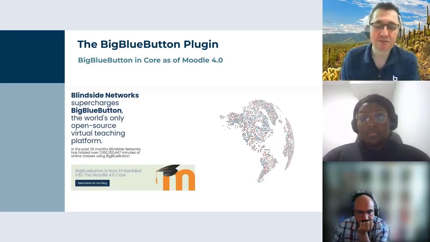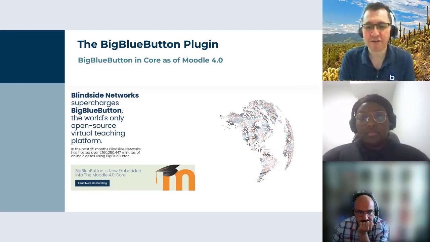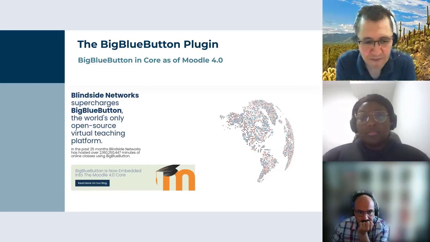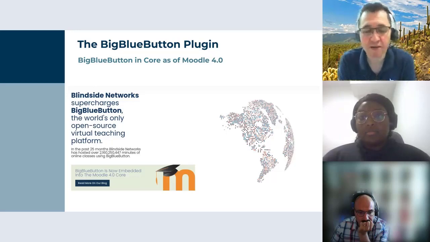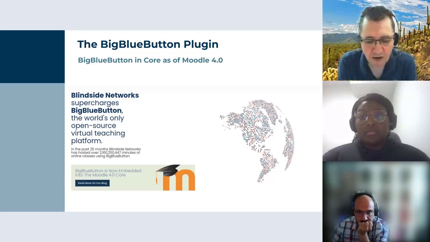But finally, which is the happy news for us, we closed it up, and it is no longer tracked in GitHub. Well, it's tracked in GitHub, but in a different repo. We dropped support for the contributed version of the Moodle BigBlueButtonBN plugin, because it's now part of core.